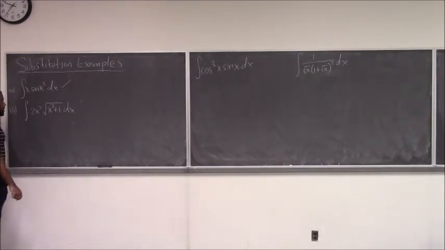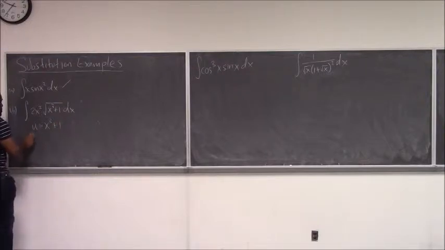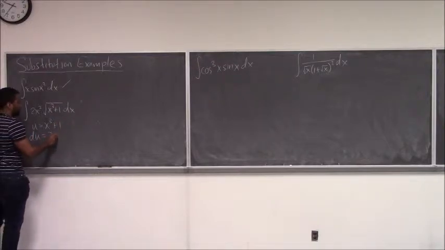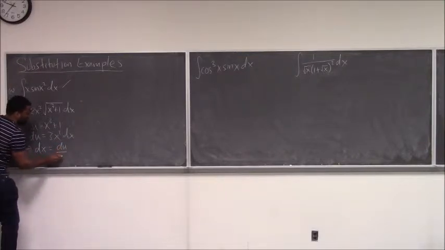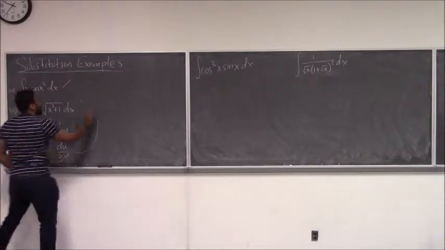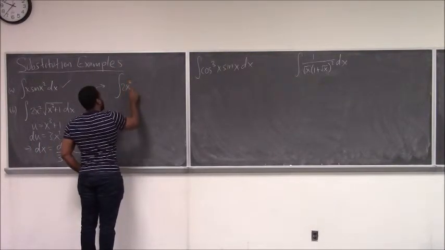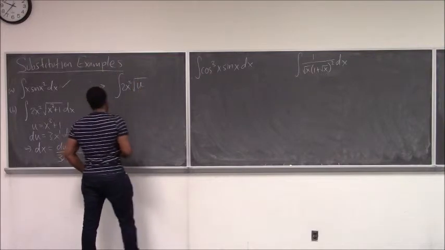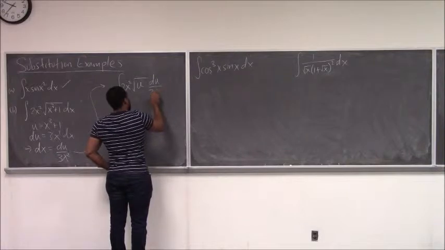Okay, so what do you think? U should be x cubed plus 1. So we differentiate through x squared dx. We solve for the dx. And now we plug everyone in. 2x squared didn't do anything. That guy replaced with u, and our dx is du over 3x squared.